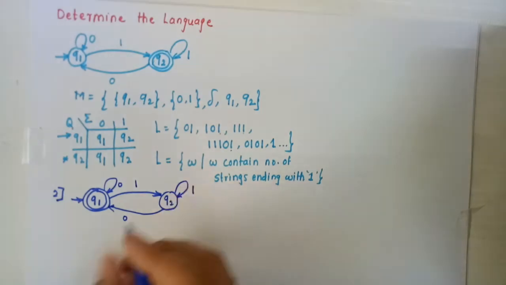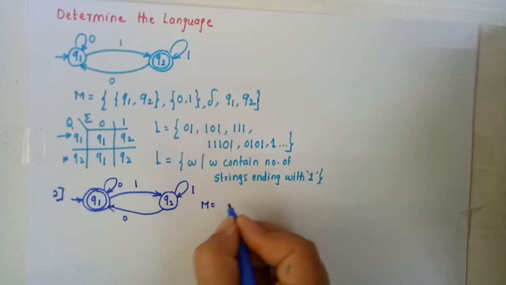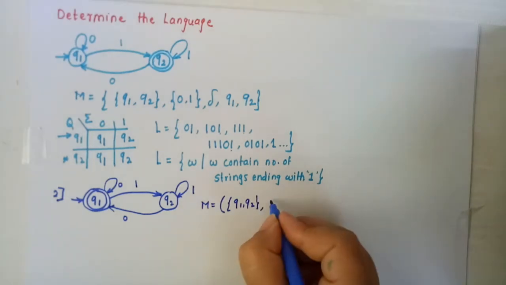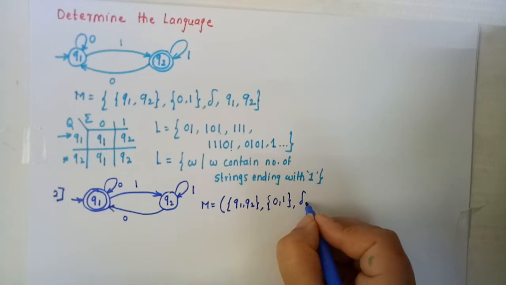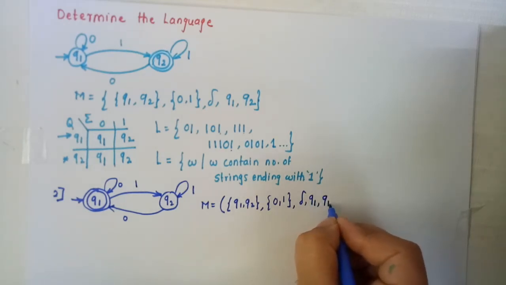Again write the M value. M is equal to, in the bracket, number of states q1, q2, input alphabet 0 and 1. Next delta for the transition, initial state q1, final state also q1.